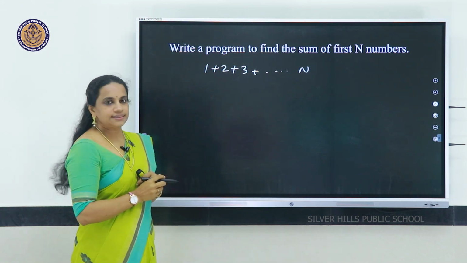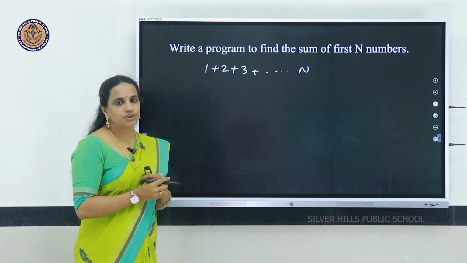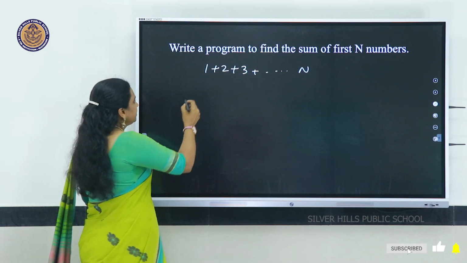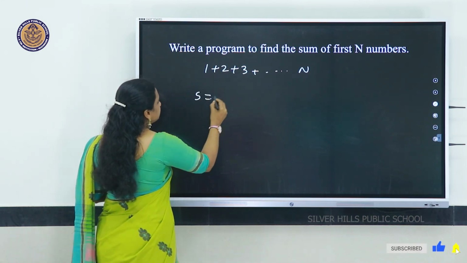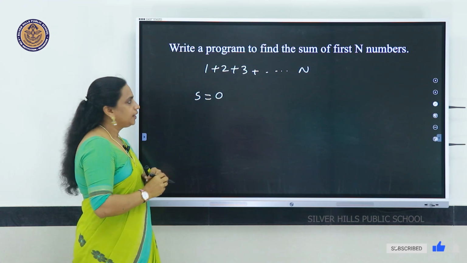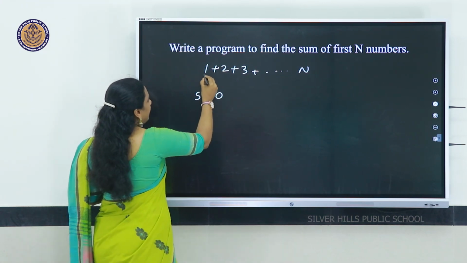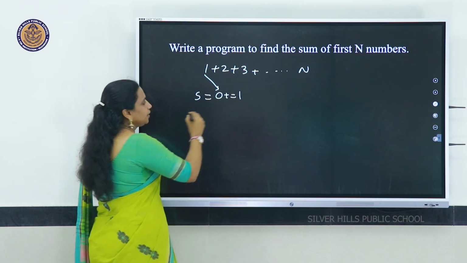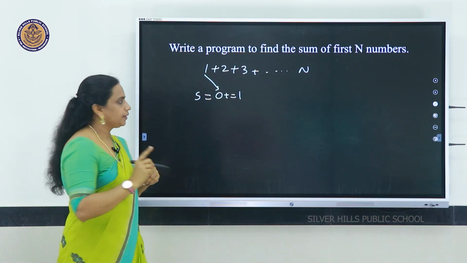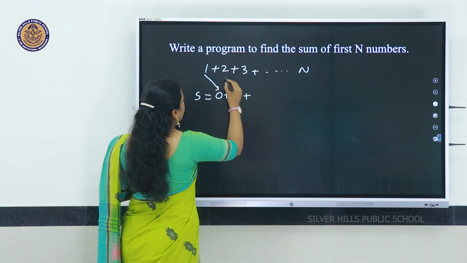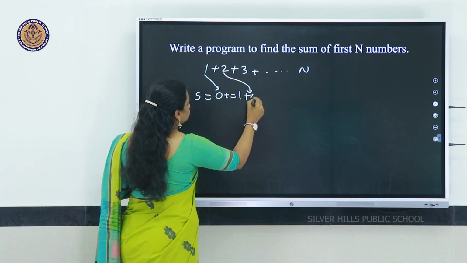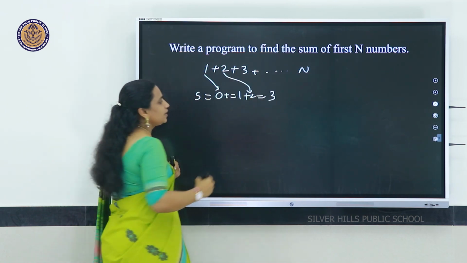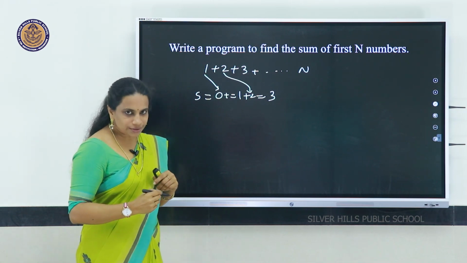For this, what will be the logic of this program? Initially, we can assume that sum is equal to 0. To this sum, we can add 1, that is 0 plus 1 is equal to 1. Now, what is the sum? 1. To this sum, we can add the second number, that is 2, so now sum will be 1 plus 2 is equal to 3.